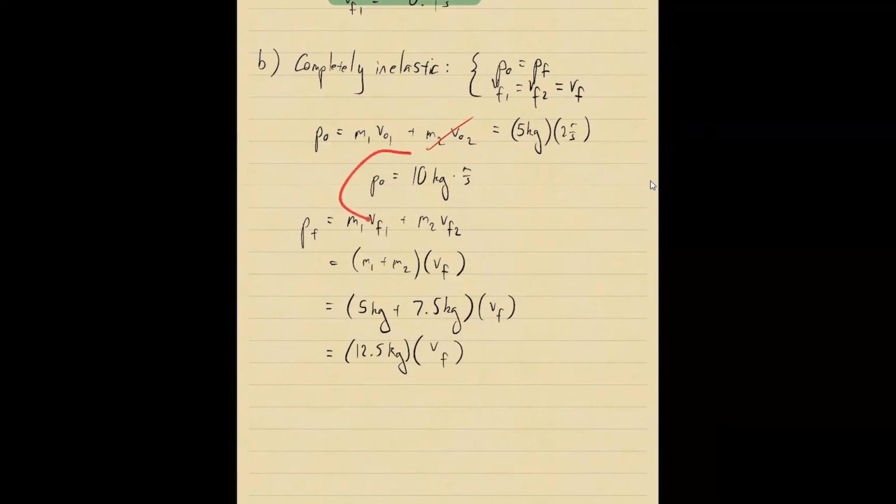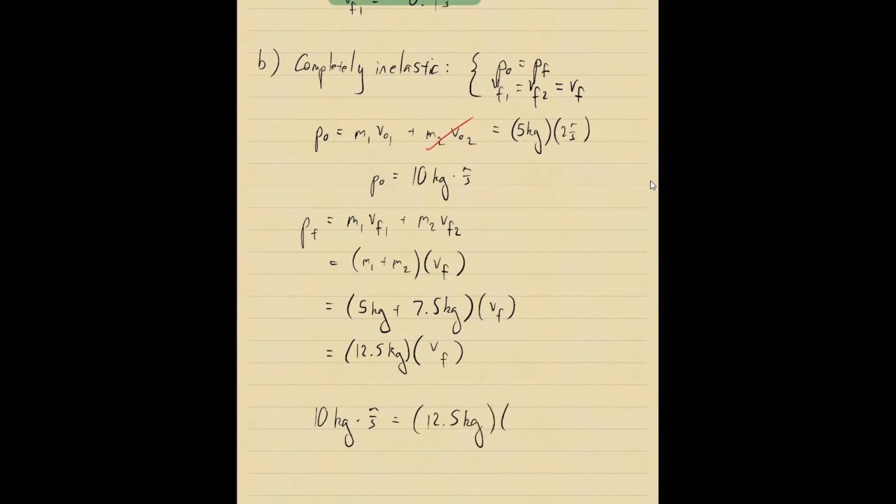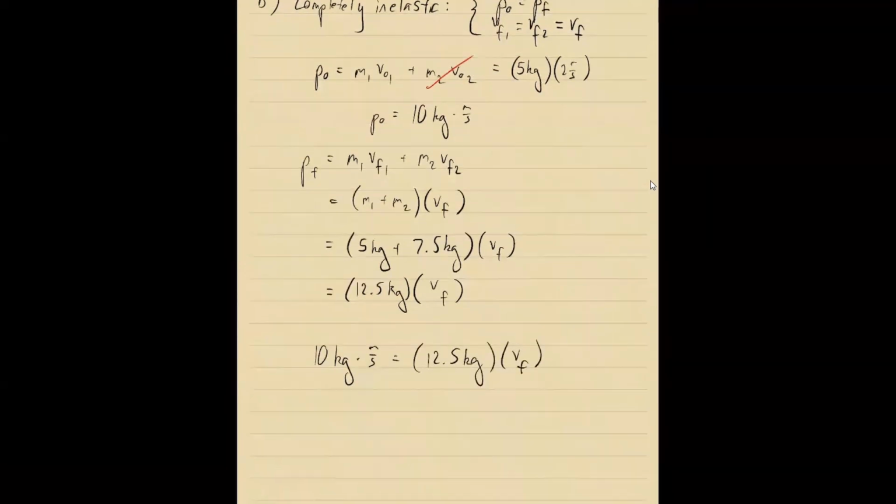So we have that our initial momentum is equal to our final momentum. On one side we have 10 kilograms times meters per second, and on the other side we have 12.5 kilograms times our final velocity of both balls.